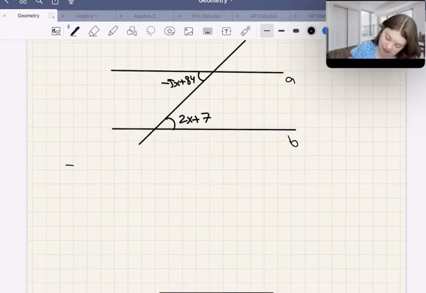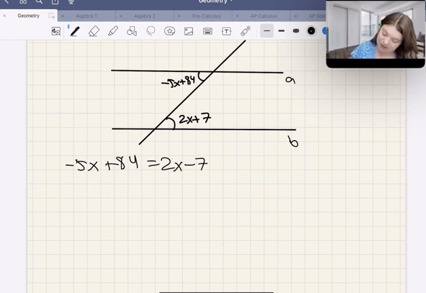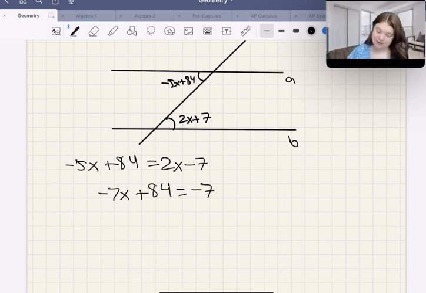We're going to say negative 5x plus 84 must be equal to 2x minus 7. Then we're going to subtract 2x from both sides to get negative 7x plus 84 is equal to negative 7. Then we're going to have negative 7 minus 84, which is equal to negative 91.